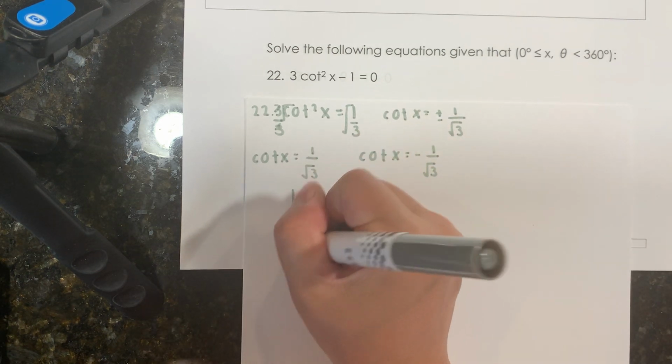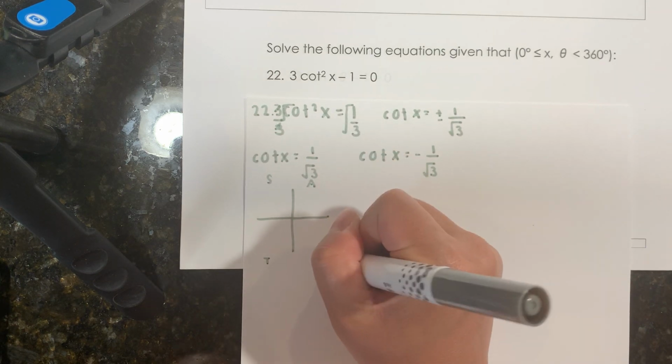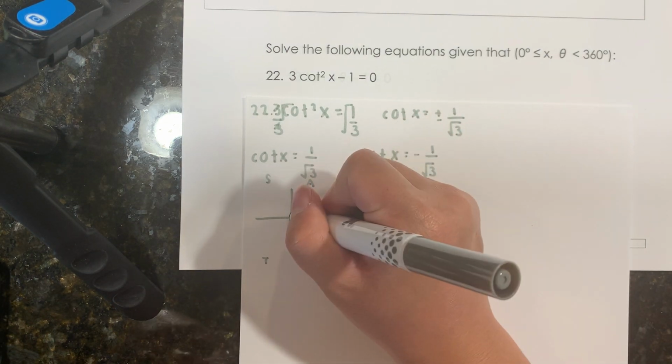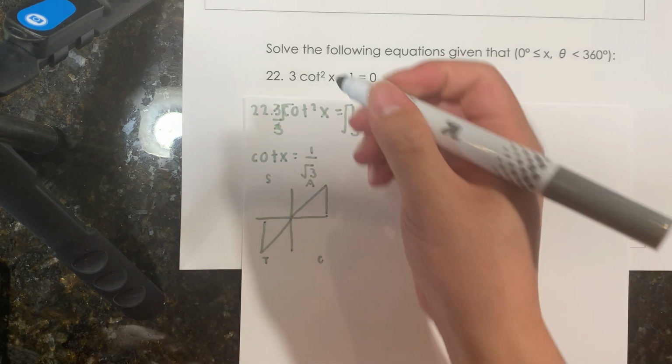Now, I'm first going to solve for where tangent is positive. So all students take calculus. Because it's cotangent, it's the inverse of tangent, so it follows the same places where tangent is positive. So everything's positive in quadrant 1, and tangent is positive in quadrant 3.